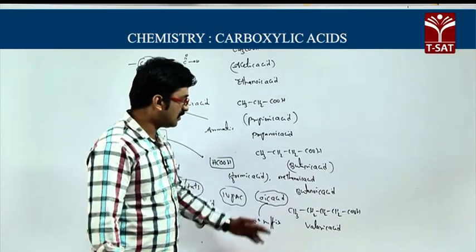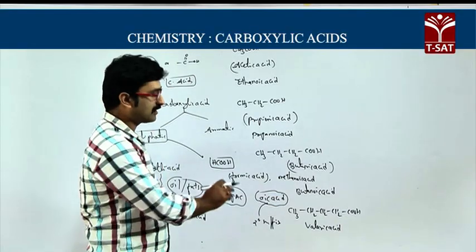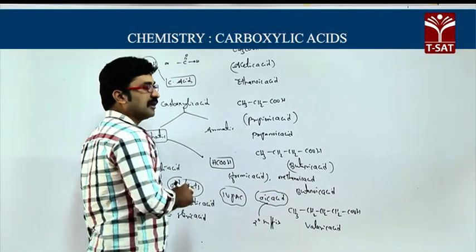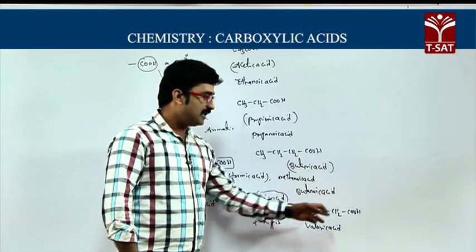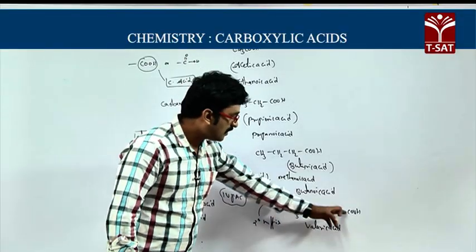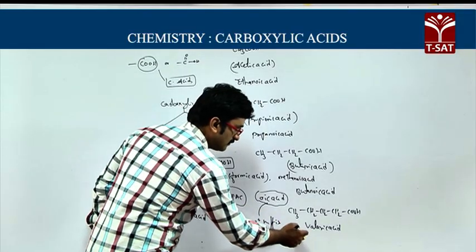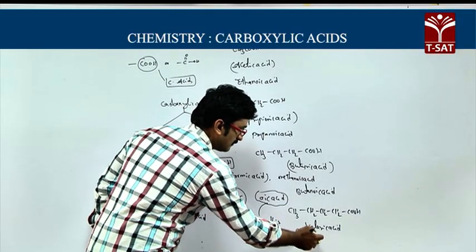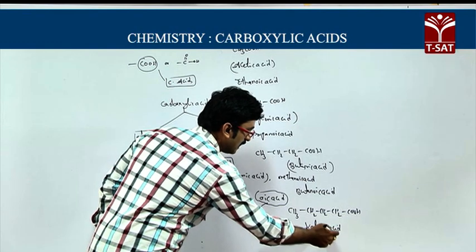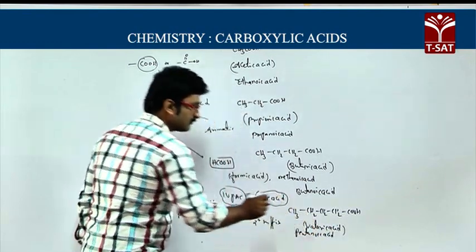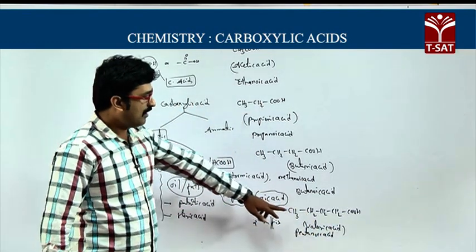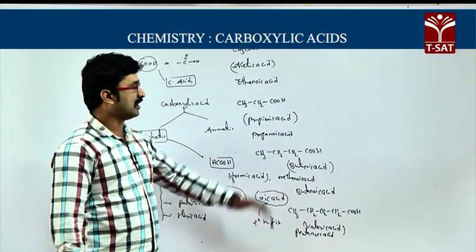That is why it is called valeric acid. When we come to the IUPAC name, it contains 5 carbons, so pentanoic acid is the IUPAC name and valeric acid is its common name.